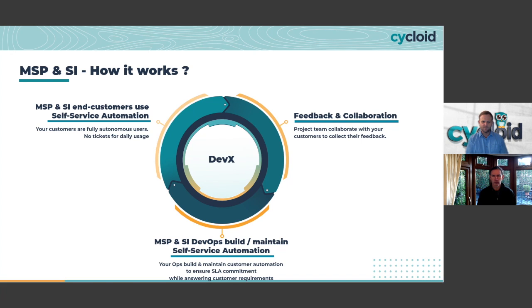And of course, the MSP and SI DevOps team will build, maintain and evolve the self-service automation according to the business needs, which in turn the end customer will use. So this is a three-step cycle that is obviously going all along the life of the project.